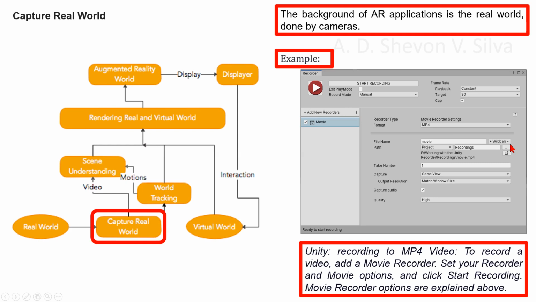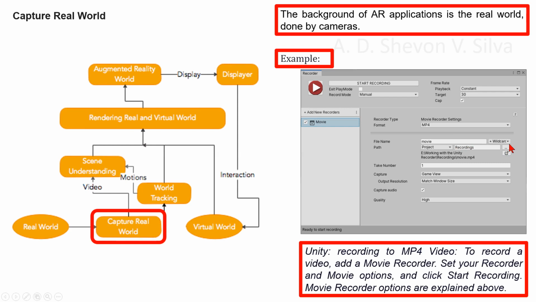Unity will replace an existing recording with the same name without confirmation. So it's recommended to either give your movie a unique name or a dynamic wildcard such as take and time in the file name.